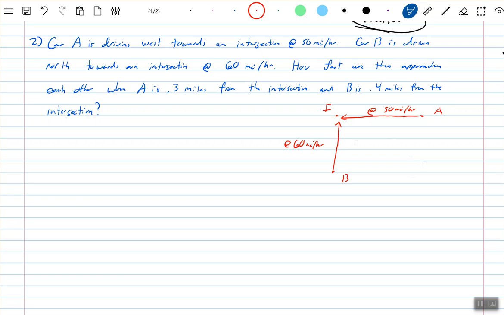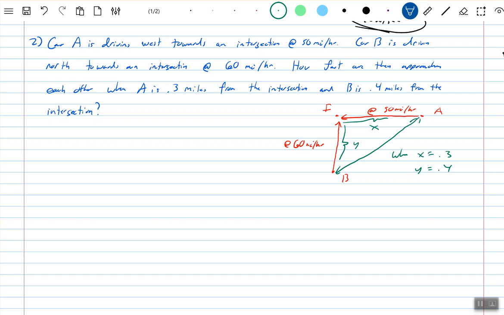The question is asking how fast are A and B approaching each other when this distance x is equal to 0.3 and this distance y is equal to 0.4.